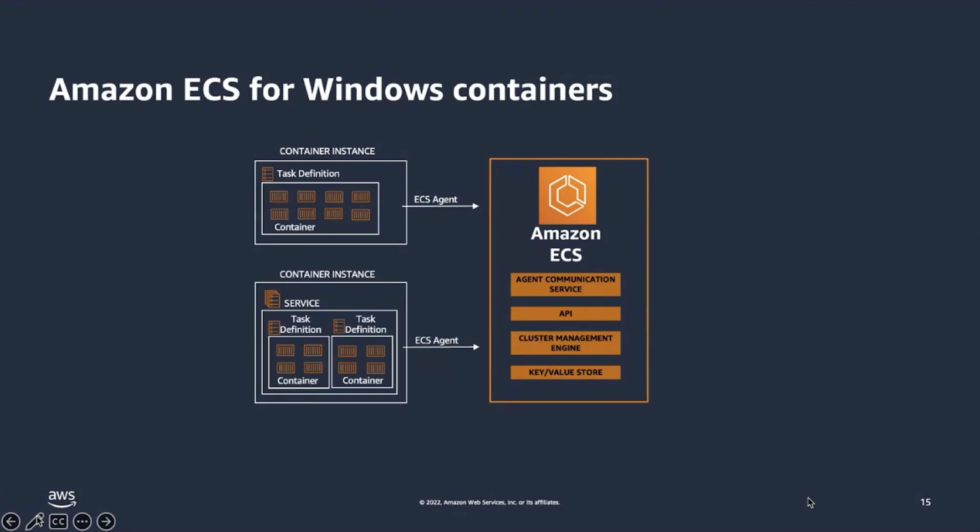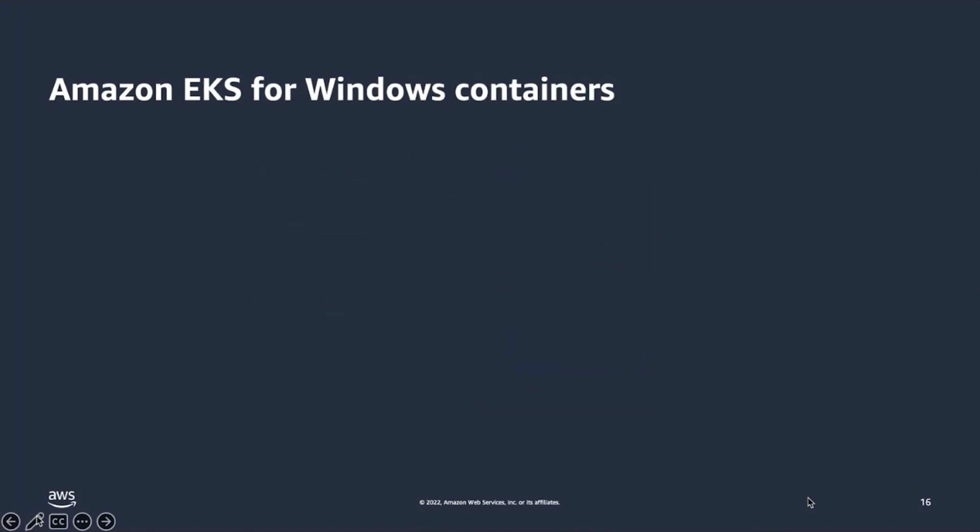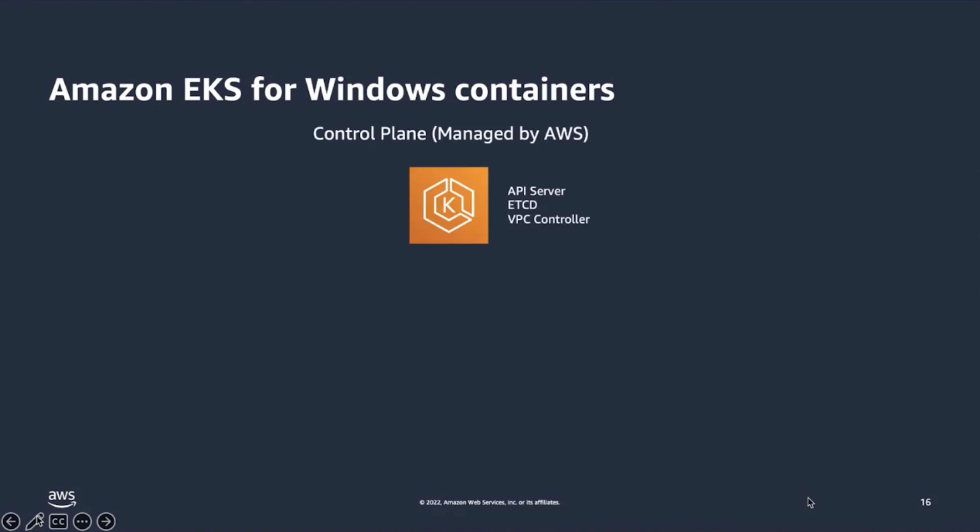Great. This is a high-level review of Amazon ECS for Windows containers. Now, let's talk about Amazon EKS for Windows containers. For instance, you want to use Kubernetes to run your Windows containers. So when you create an Amazon EKS cluster, it creates in our control plane, managed by AWS, the API servers and the etcd database to support a Kubernetes cluster.